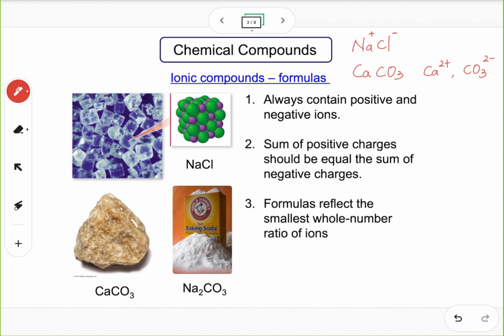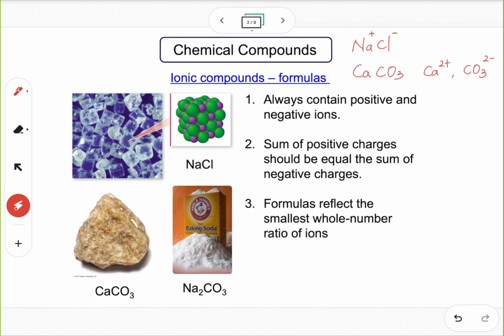Second property of ionic compounds: the sum of positive charges should be equal to the sum of negative charges. What do I mean by that? Well, if you take a look at these 2 examples, sodium has 1 positive charge, chloride has 1 negative charge. So when you have an equal amount of positive and negative charge, they cancel each other, so the whole compound remains neutral.